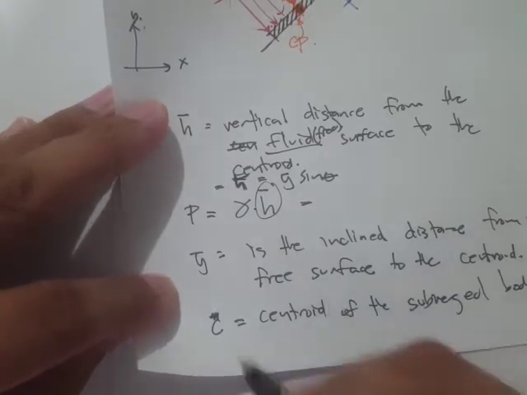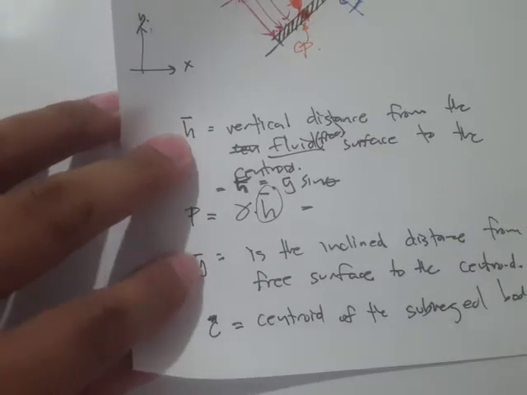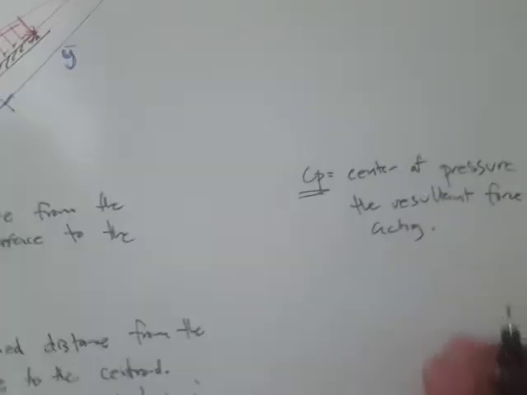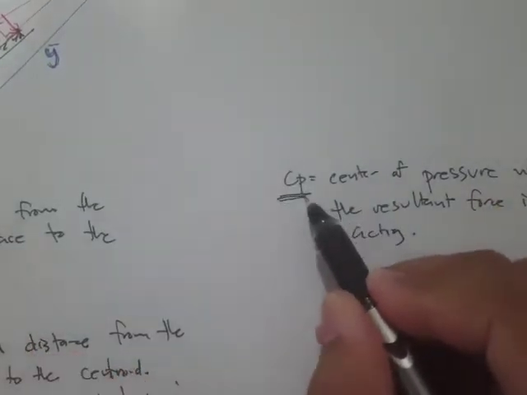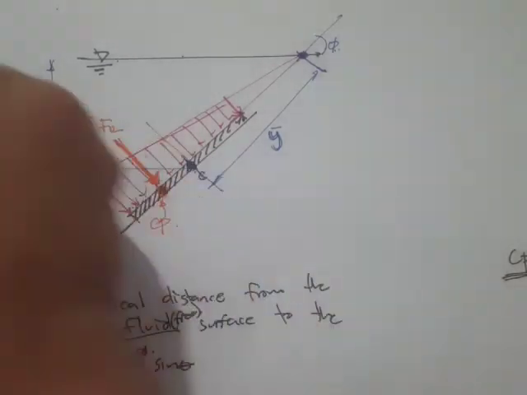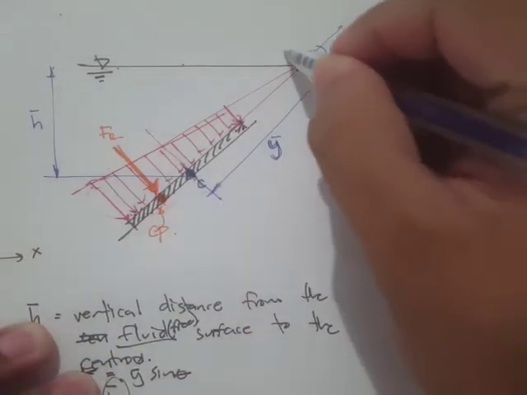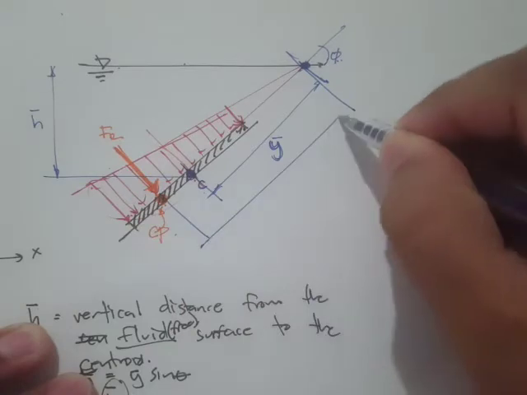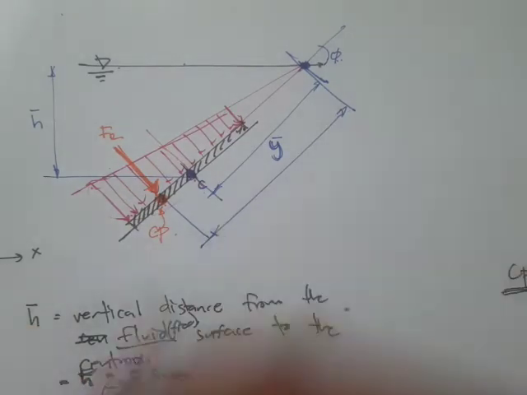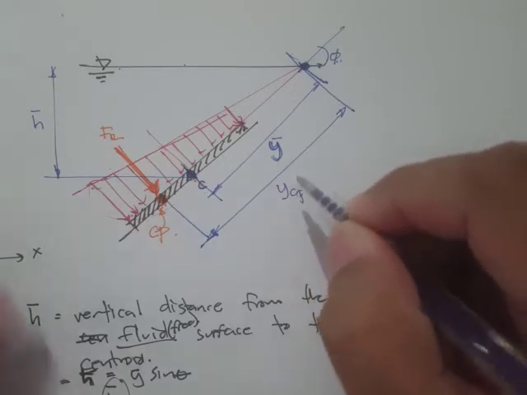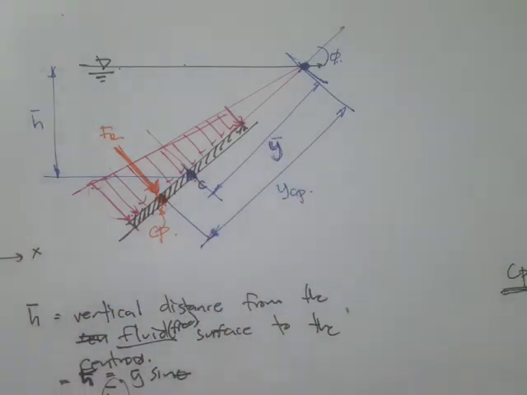When we see centroids, it's just like the geometric center. So this is CP, the center of pressure, and the inclined distance from the free water surface to the center of pressure is what we call Y sub CP.